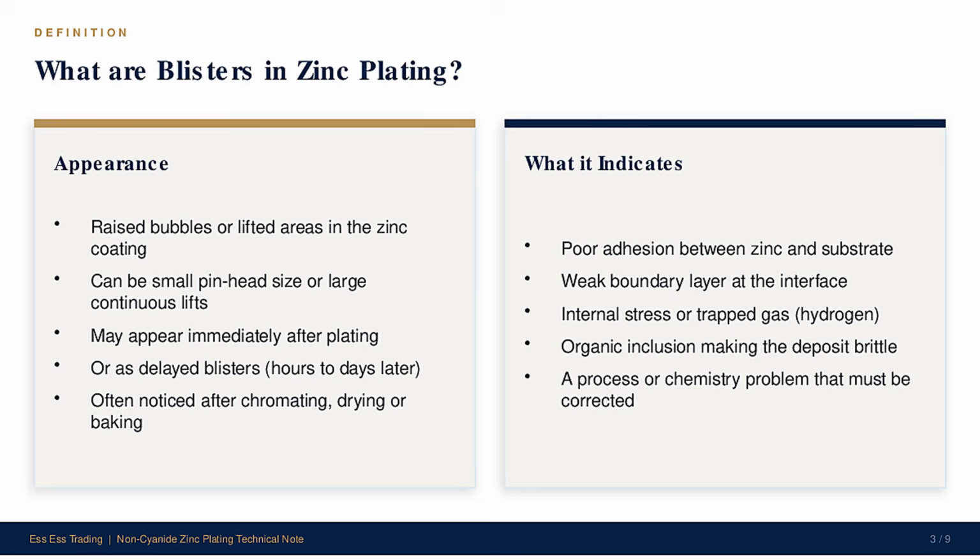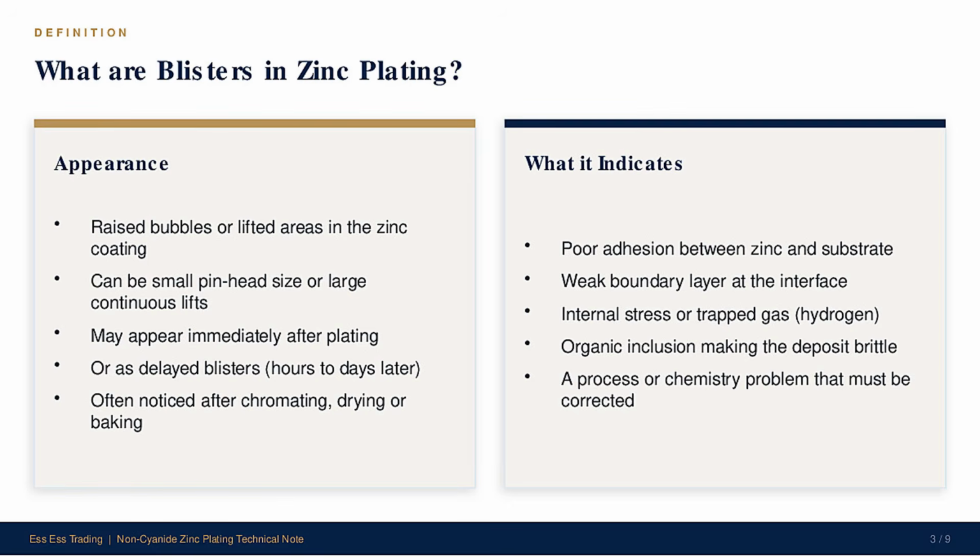So, what exactly are blisters in zinc plating? Essentially, these are raised bubbles or lifted areas within the zinc coating. They can range from tiny pinhead sizes to larger continuous lifts. Sometimes, blisters appear right after plating, but often they show up hours or even days later, especially after chromating, drying, or baking.